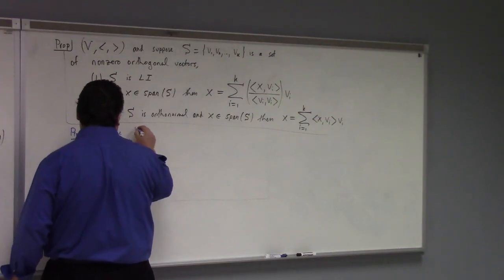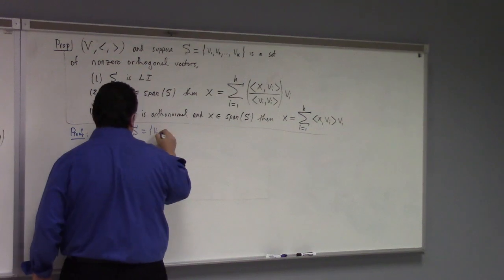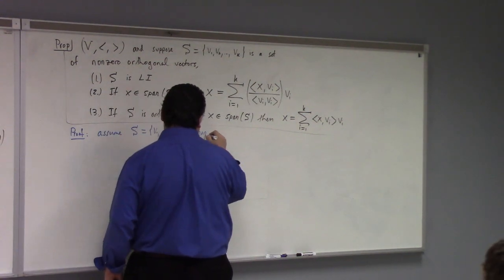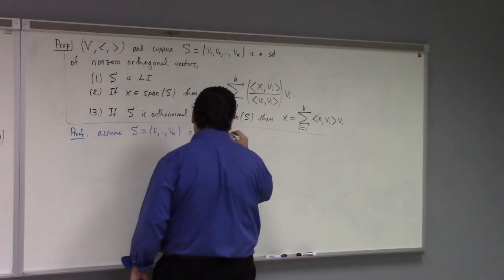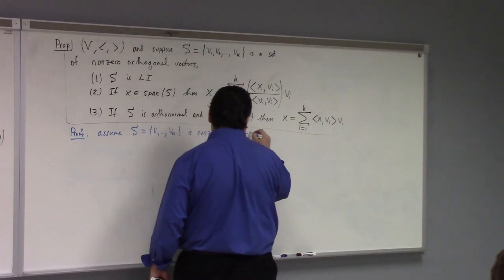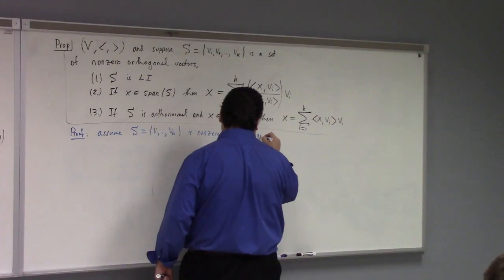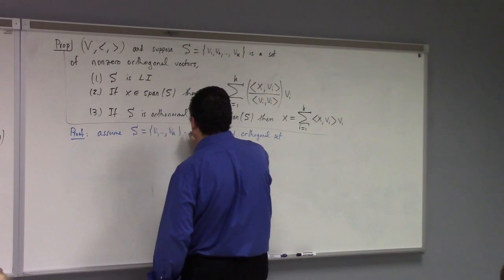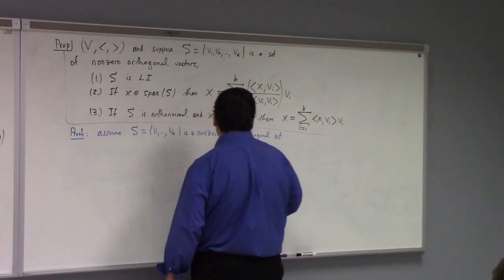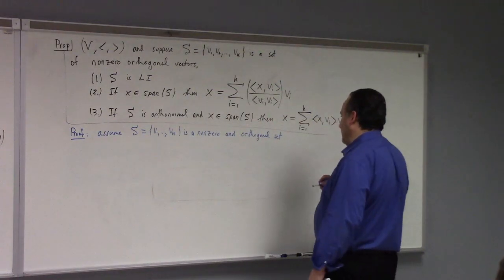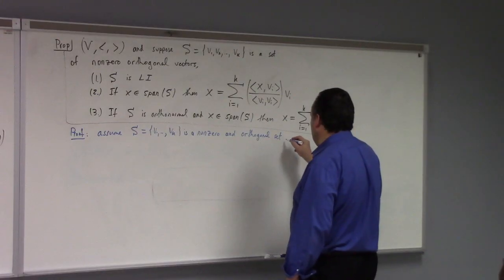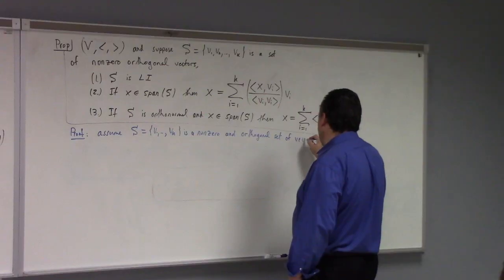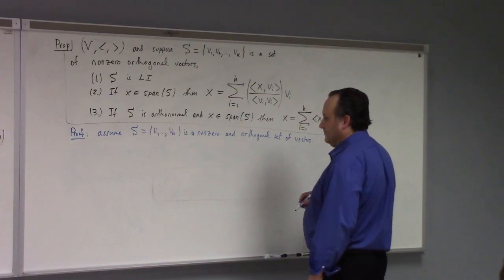Assume S equals {v1 through vk} is a non-zero and orthogonal set of vectors. I probably should have an 'a' there grammatically. All right.